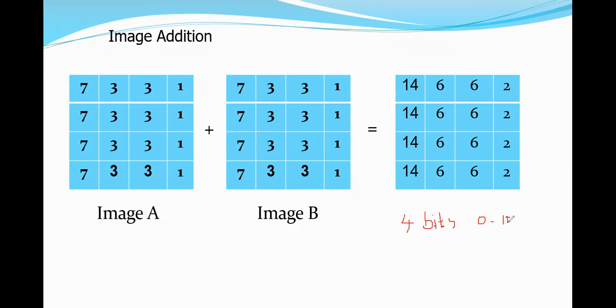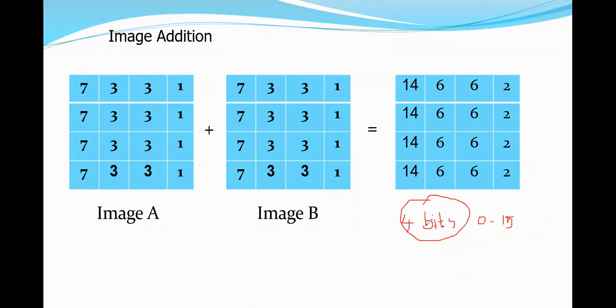Maximum gray value can be 15. Okay, so maximum gray value is 15. So if we are using 4 bits per pixel, whatever result we are getting after addition, we can use it as it is.